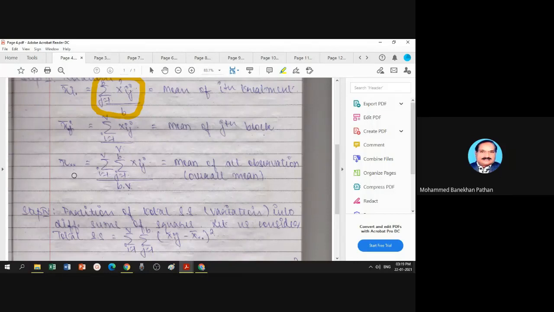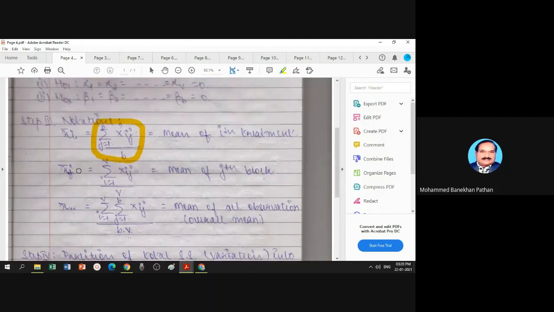When I say X bar double dot, that means summation is for i, summation is for j. So this is a total of all observations under study, and number of observations are bv. So you have to remember these three formulae for making an analysis of RBD.